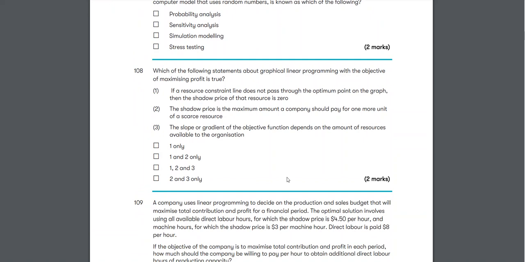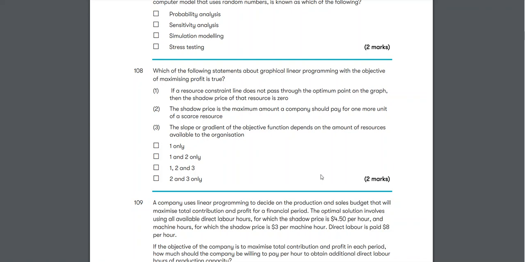Which of the following statements about graphical linear programming with objective of maximizing profit is true? So this relates to linear programming. If a resource constraint does not pass through the optimum point on the graph, then the shadow price of that resource is 0. So what it simply means is that if a resource is not at that optimal point, then the shadow price of that is going to be 0.